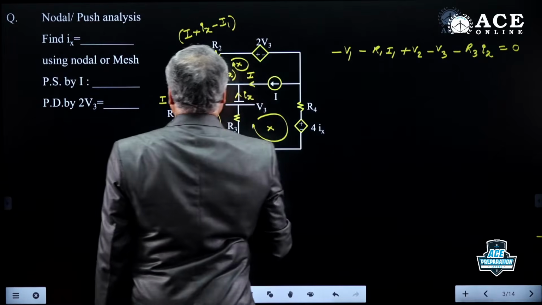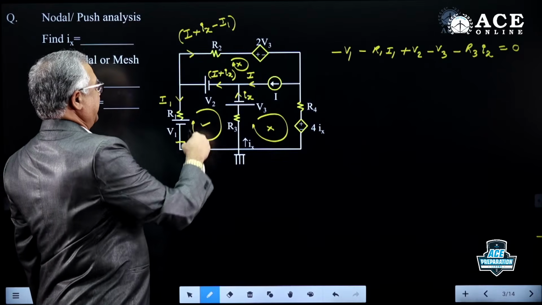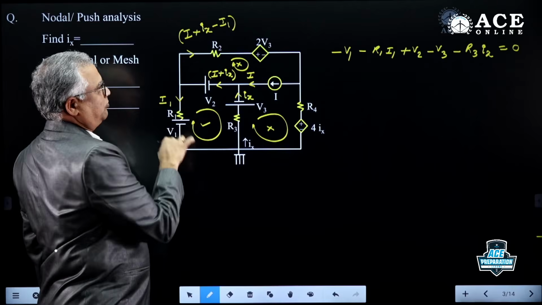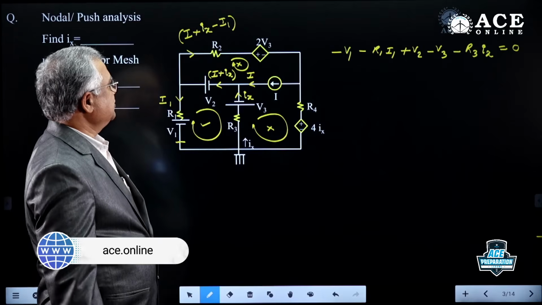So what is the sign convention? Going from negative to positive is minus, positive to negative is plus. In the resistor, if the current direction is opposite to ours, it is minus; same direction is plus. So this is the convention.